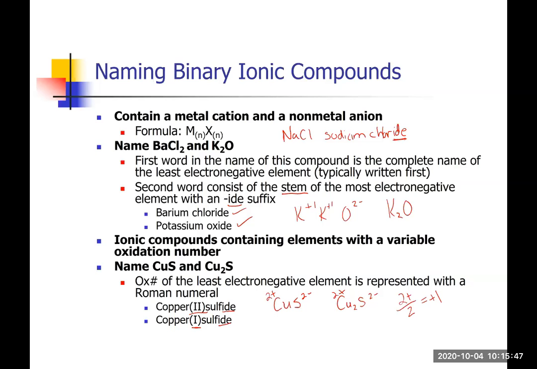Now I just want to point out that this is a mistake students regularly make. And the reason that they regularly make it is because they lose sight of the fact that the Roman numeral represents the oxidation state of the metal, or the cation. Because the Roman numeral represents the oxidation state, we cannot just transfer.